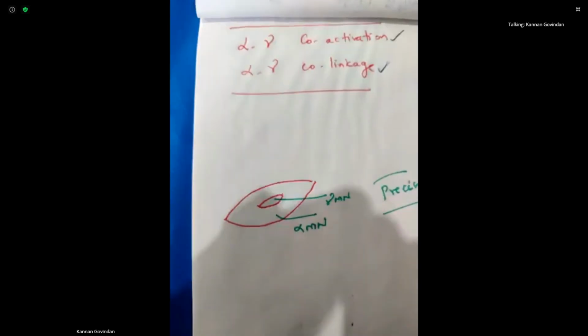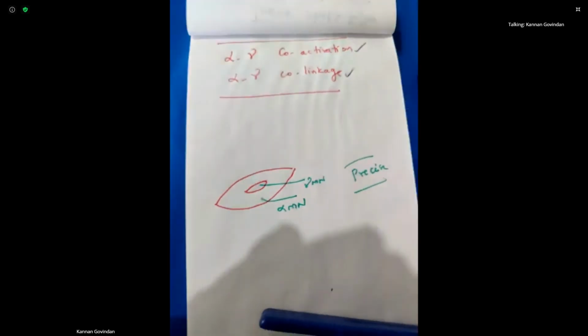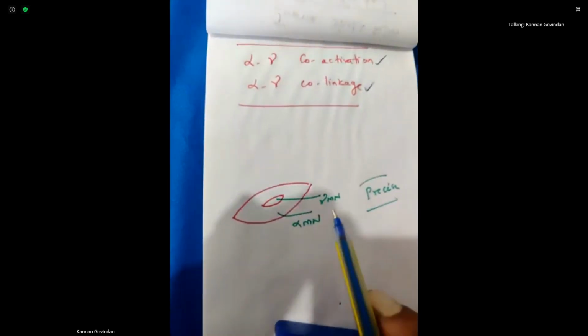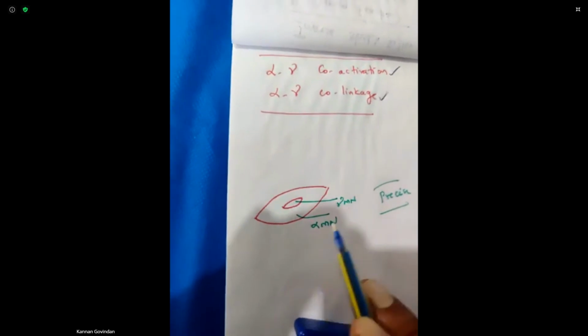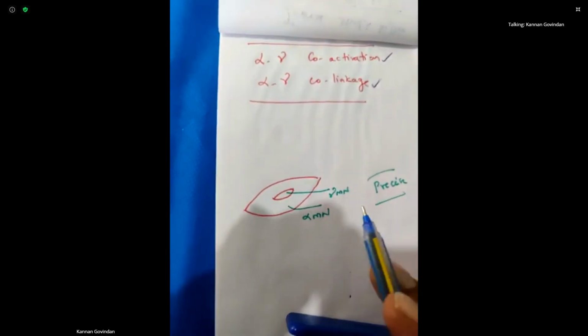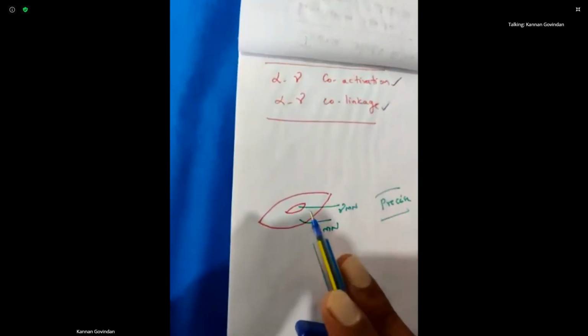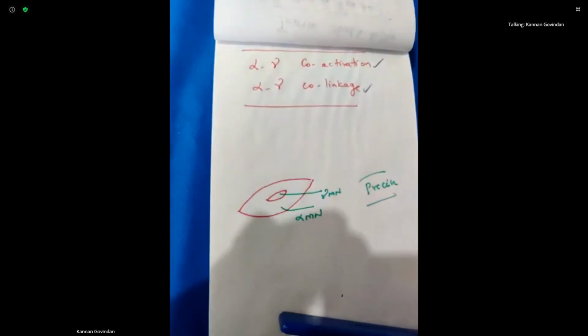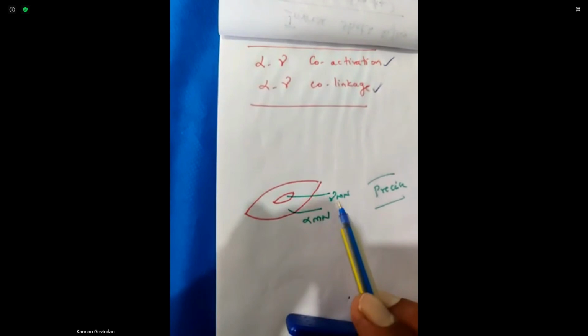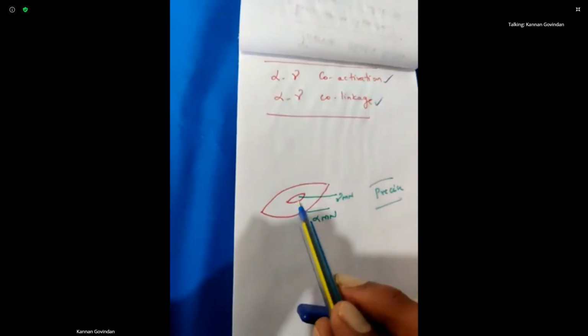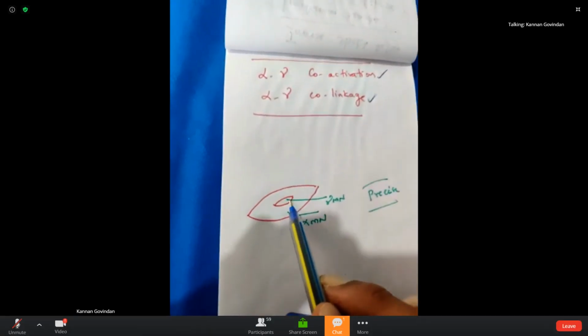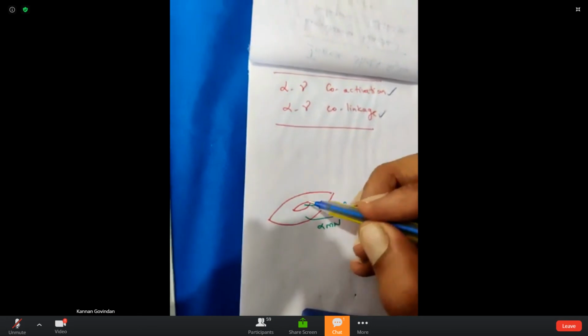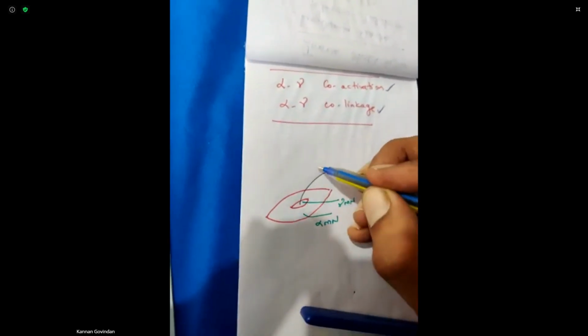Whenever you are eliciting a tendon jerk or lifting something, both alpha and gamma motor neurons go for firing, and both intrafusal and extrafusal fibers are activated at the same time. Let's see what happens if the gamma motor neuron gets activated. The intrafusal fibers go for contraction, which changes muscle length.